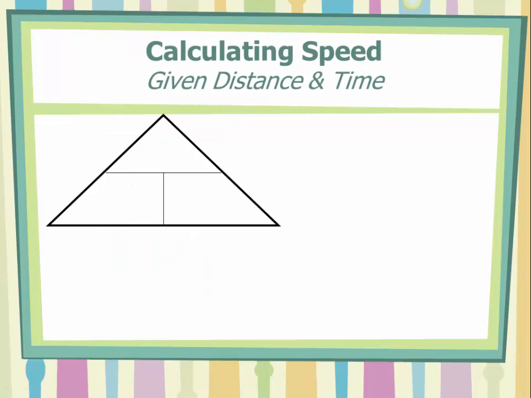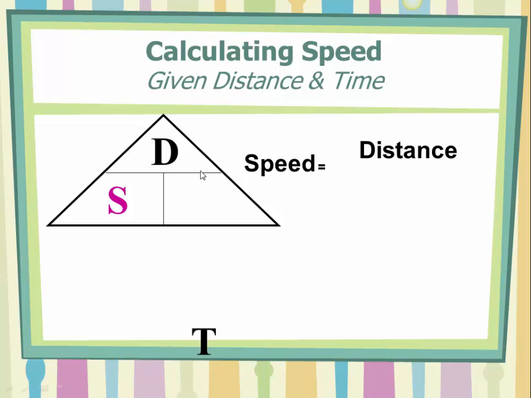Alright, so let's actually work on calculating some speed. If you notice, I have a pyramid here, and I have it divided into thirds. I'm going to put an S here for speed, a D on top for distance, and a T here for time.